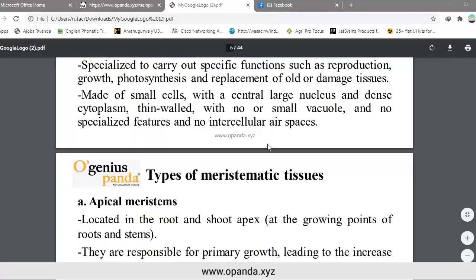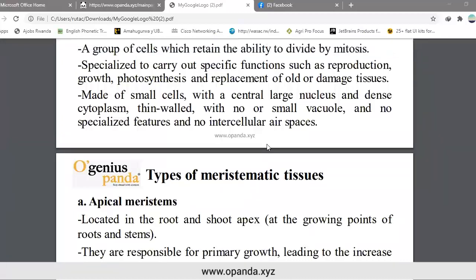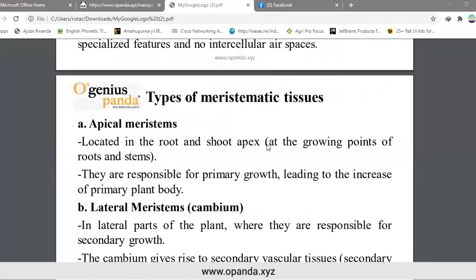Now we start with types of meristematic tissues. We have the apical meristems, which are located in the root and shoot apex at the growing points of roots and stems. These are responsible for primary growth, leading to the increase of the primary plant body.